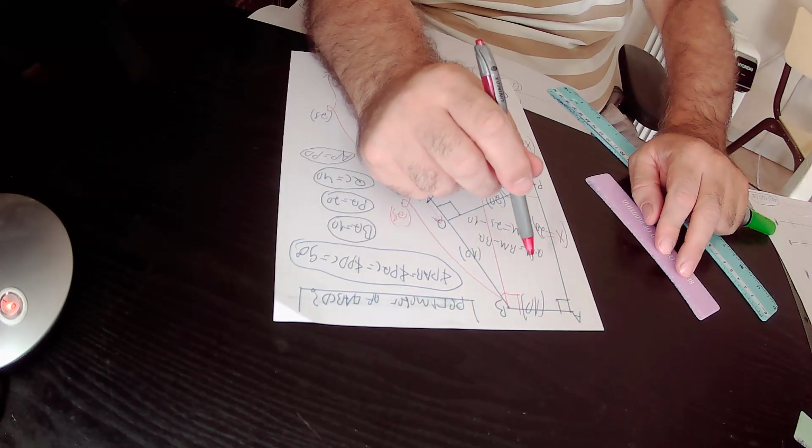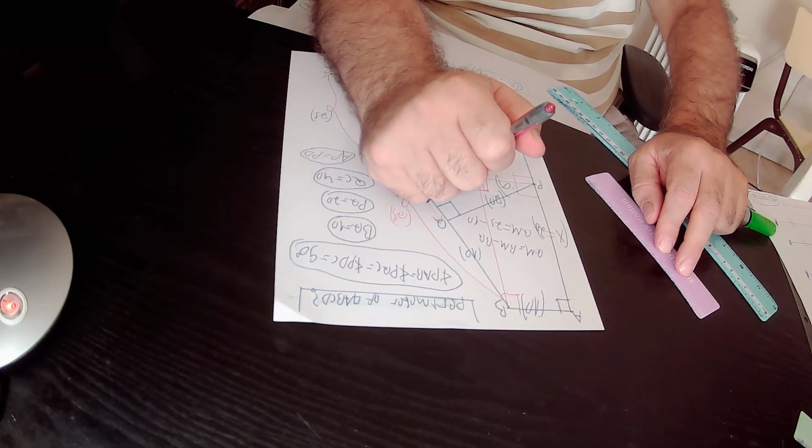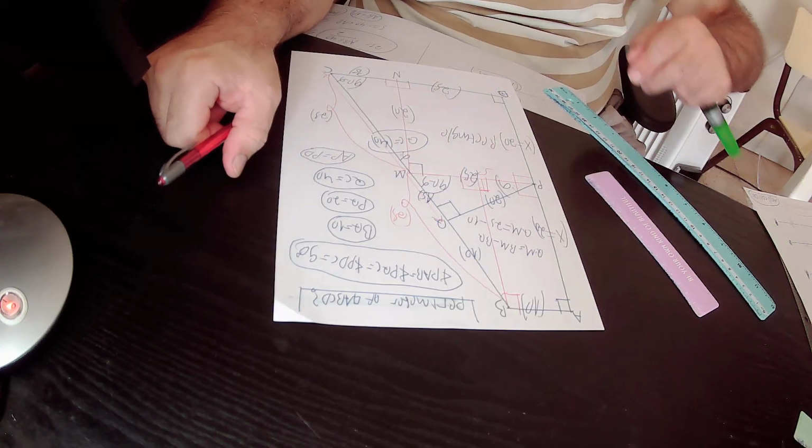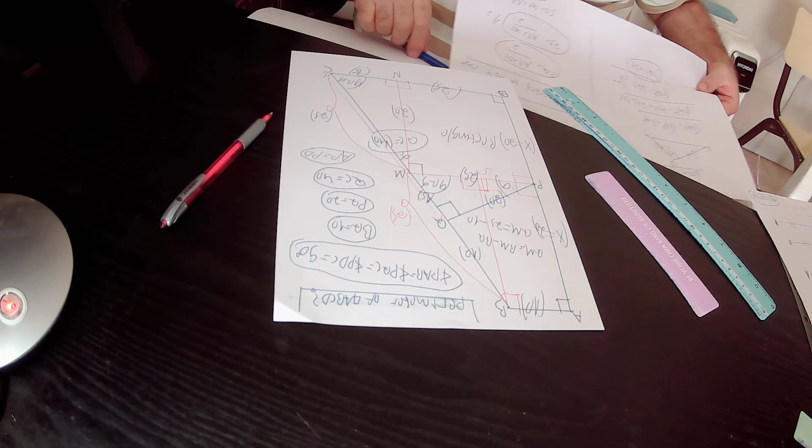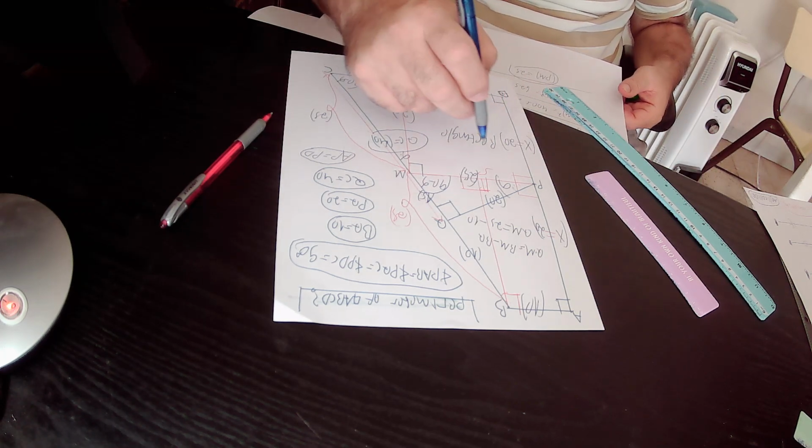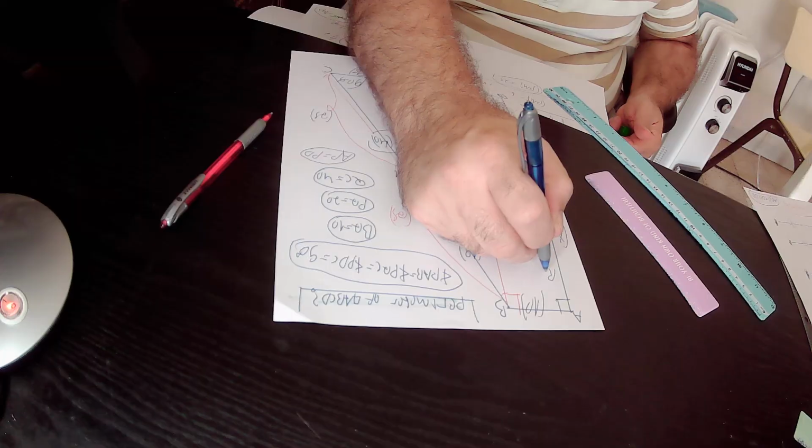So quadrilateral ABPS has 4 right angles, and therefore it is a rectangle.